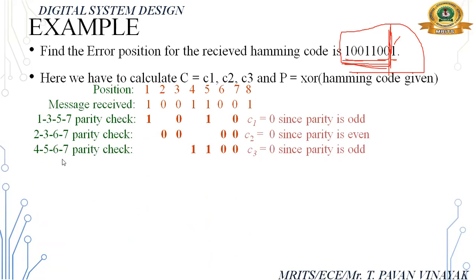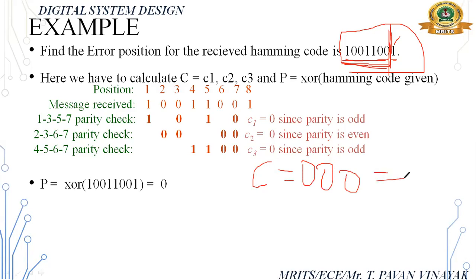C3 means 4, 5, 6, 7. Calculate those things. What is the value of C1, C2, C3? 3 zeros. Okay, means C is equal to how much now? C is equal to 0, 0, 0.